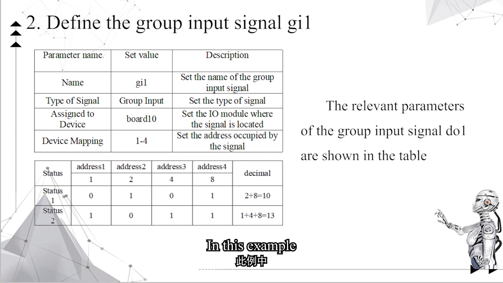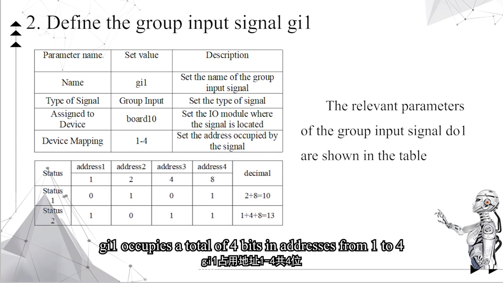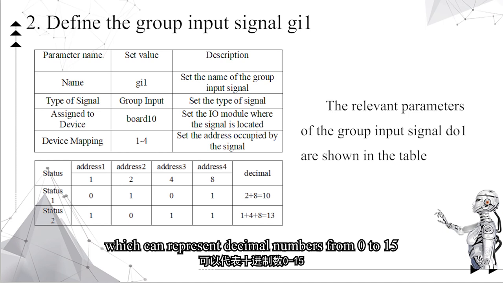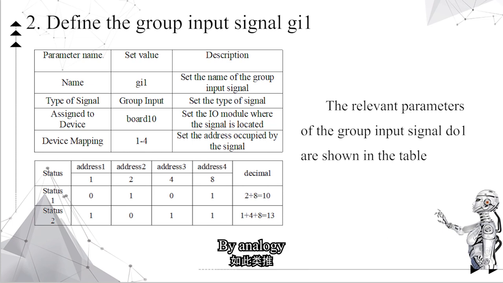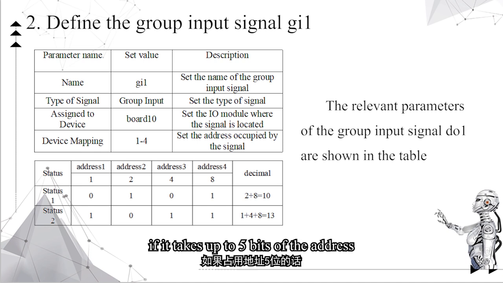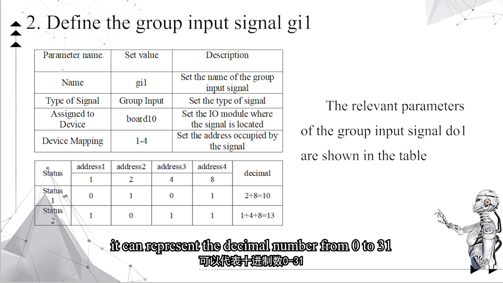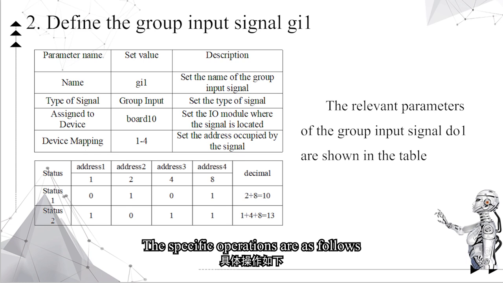In this example, GI1 occupies a total of 4 bits in addresses from 1 to 4, which can represent decimal numbers from 0 to 15. By analogy, if it takes up 5 bits of the address, it can represent decimal numbers from 0 to 31. The specific operations are as follows.